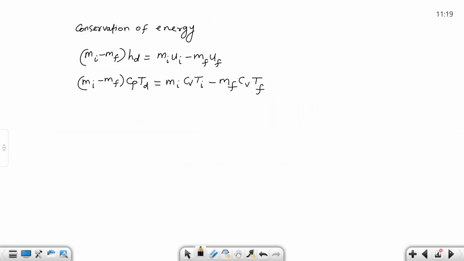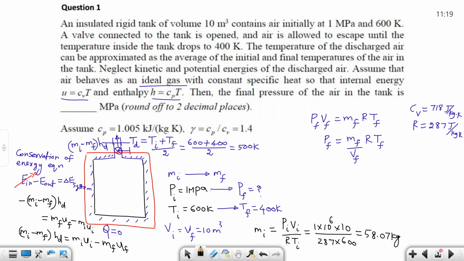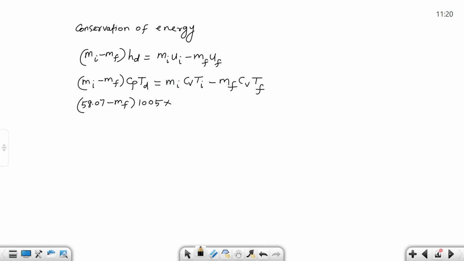Initial mass 58.07. Final mass is not known. Cp substitute in joule per kilogram Kelvin. Discharge temperature T_D is 500 Kelvin. You can see that. M initial 58.07.